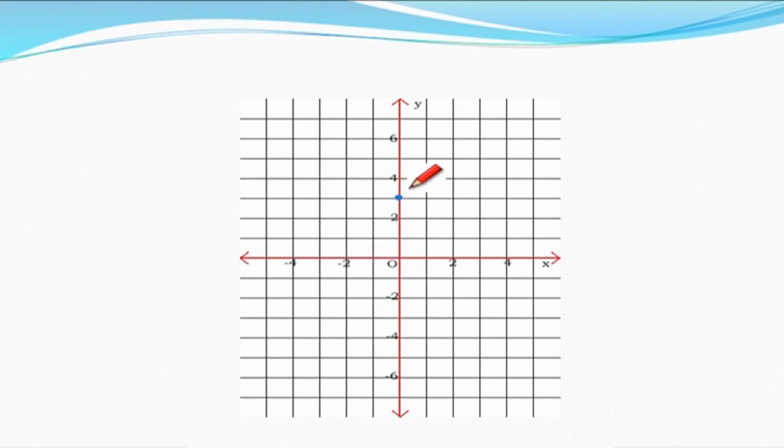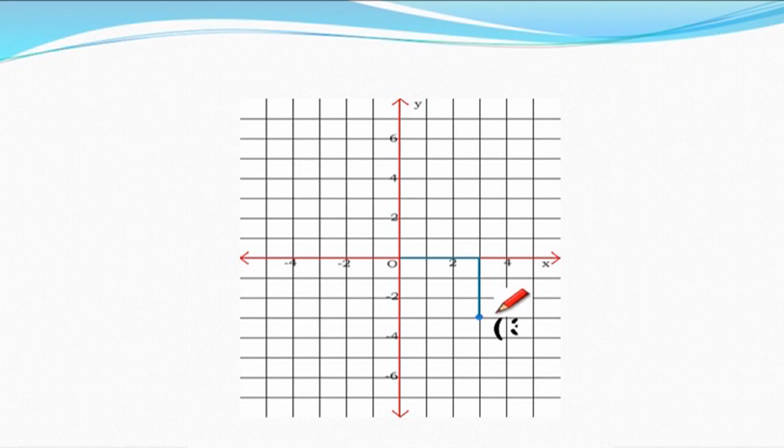Now another point is lying on the y-axis. Here it is at 3, so the coordinates of the point will be (0, 3). Another point is reflected here. When we drop a perpendicular to the x-axis, it intersects at 3, and in the same way when we drop a perpendicular on the y-axis, it intersects at -3.